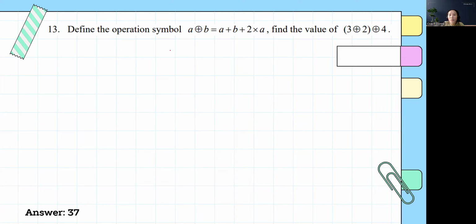Since we have a parenthesis right here, we need to do 3 symbol 2 first. Again, 3 symbol 2 means we need to do this operation right here. This is our A, this is our B. 3 plus 2 plus 2 times our A, which is again 3.